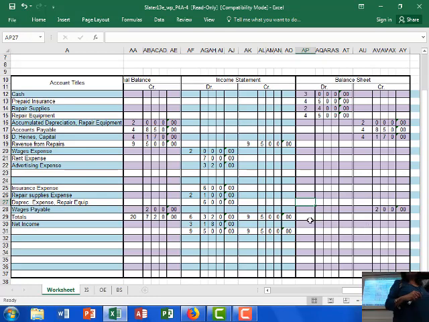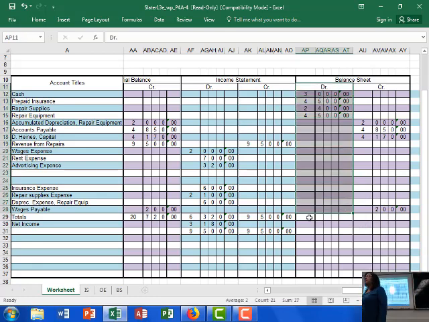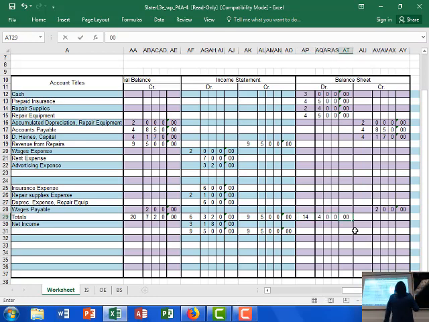So what are our totals on the debit side? 14,400. And what is it on the credit side?